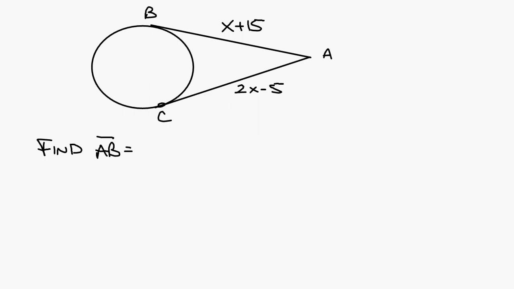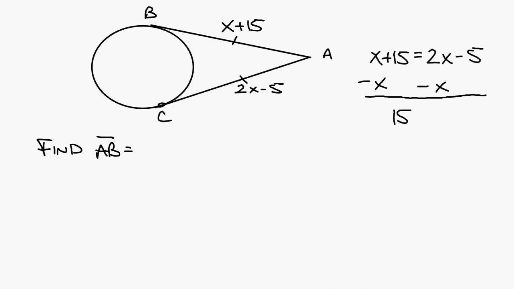So by rule, these two segments are congruent, which means that x plus 15 is equal to 2x minus 5. And you can subtract x from each side. And 15 would equal x minus 5. And then you could add 5 to each side. And 20 would equal x.